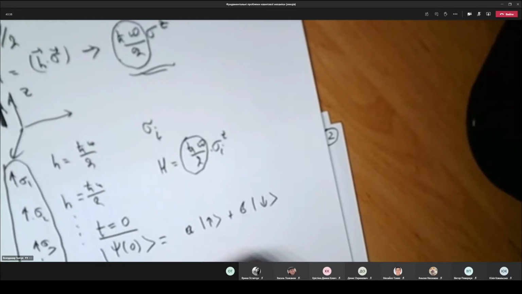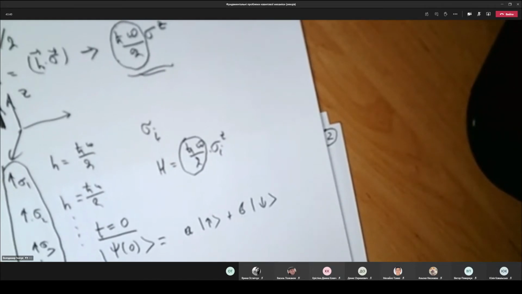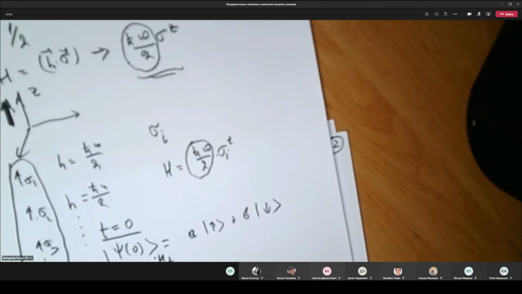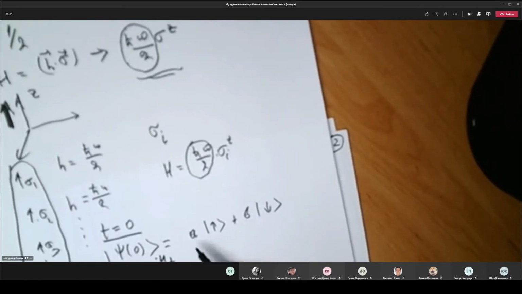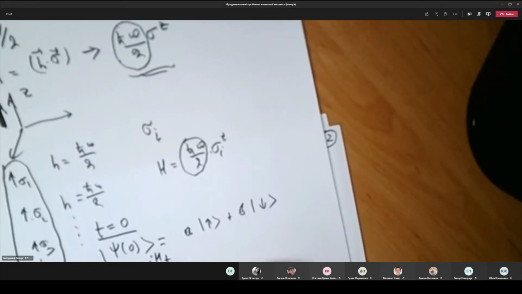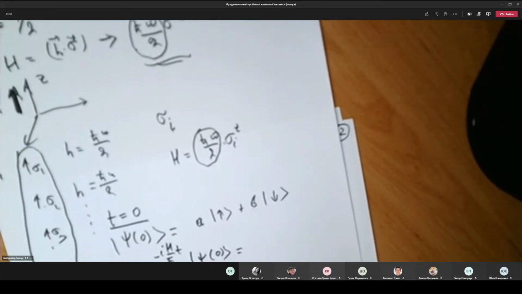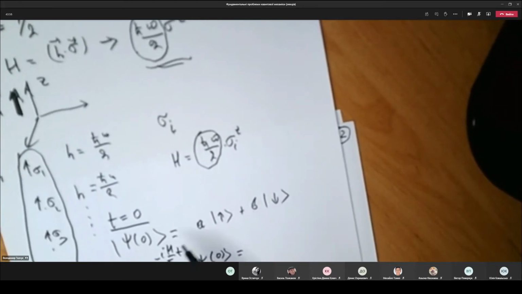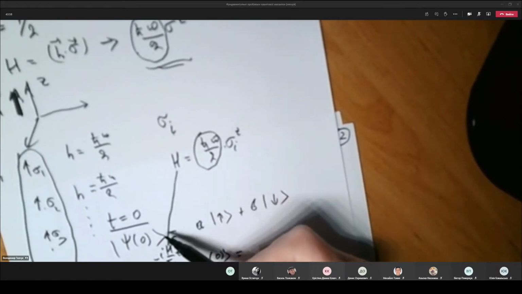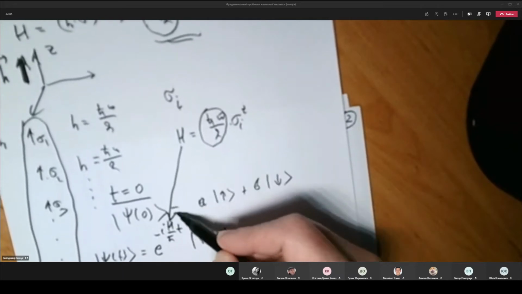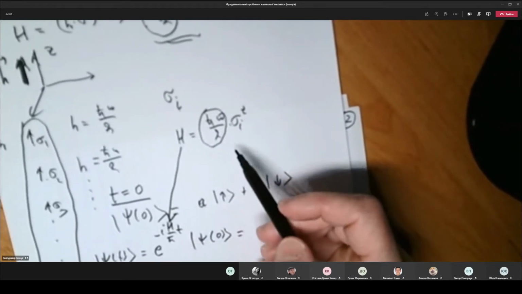We must apply the evolution operator. It is a unitary operator, which acts on the state psi 0. So it's very simple, in fact. Let us put here the Hamiltonian H, so we obtain the following result.